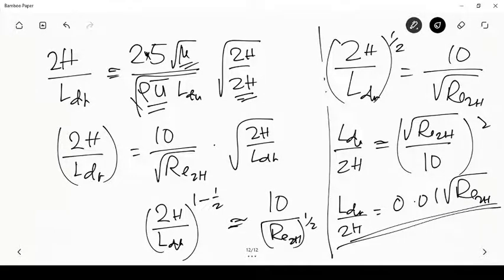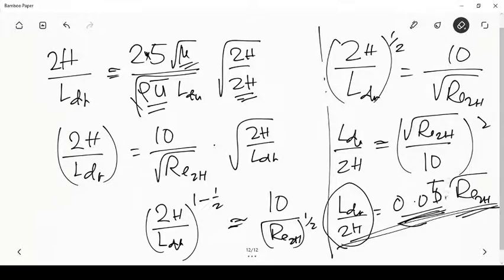Actually, this is an approximate expression, and if we look at the actual solutions or experimental measurements, this comes to something like 0.05. So normally you get this development length in laminar flow as 5% of Re_2h. The square root will disappear because we are squaring it, sorry.